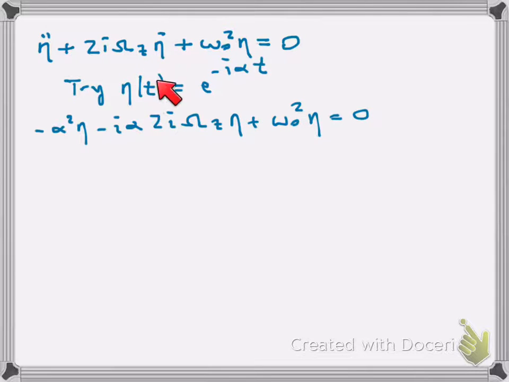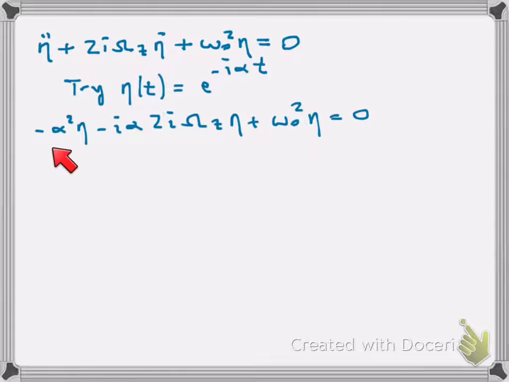And then for the middle term, eta dot, I'm pulling down just minus i alpha. So I have minus i alpha times eta times the coefficient 2i omega z. That's here. And then for the last term, I have no derivatives of eta, so it is again plus omega naught squared eta, and the whole thing is equal to 0.